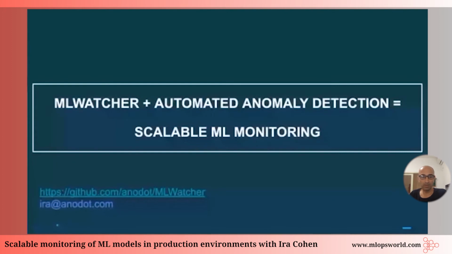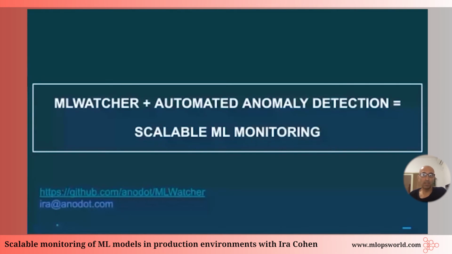Is the tool open source? So what I mentioned, this MLwatcher, is on GitHub. This is basically Python code that we wrote that, once you wrap it around your classifier model, the output and the input, you get the output and input distribution of the features, and it gets collected. It can be collected locally and then put in any visualization tool.